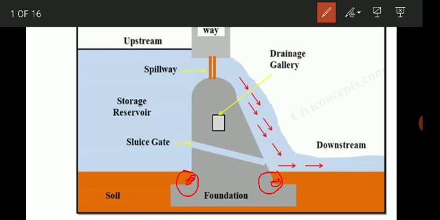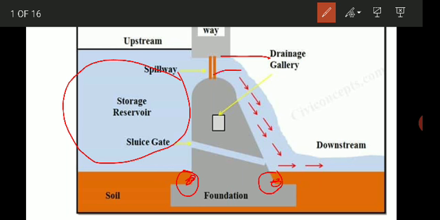Next is this part where the water is stored, which is called the reservoir or storage reservoir. Then there are spillways. This is a spillway. What is the role of a spillway? It is a concrete structure made to discharge the excess or surplus water from the storage reservoir.